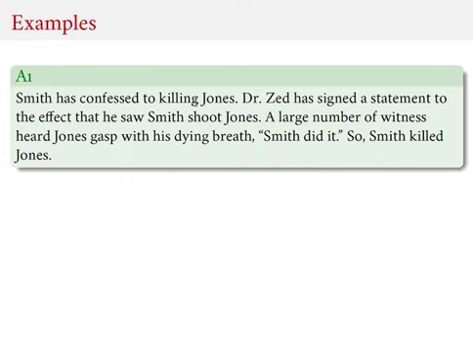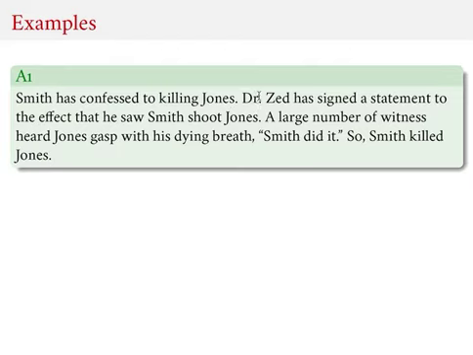So to imagine what one of these logical possibilities might be in which the premises are true and the conclusion is false, suppose, for instance, that Dr. Z has framed Smith. So that's why Dr. Z says that he saw Smith shoot Jones, because Dr. Z is trying to frame Smith. And furthermore, imagine that Dr. Z has incredible powers of manipulation.